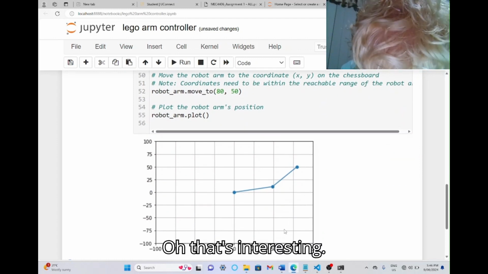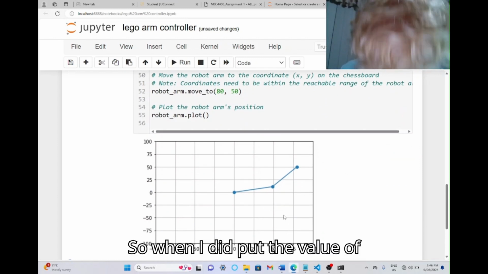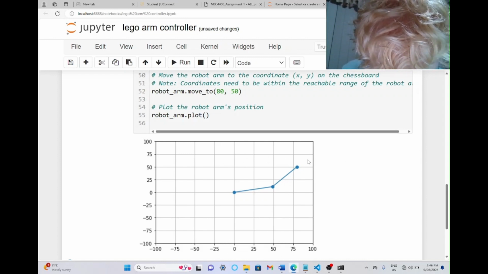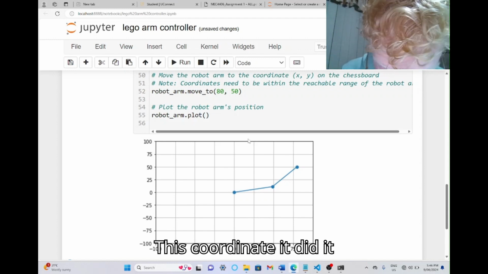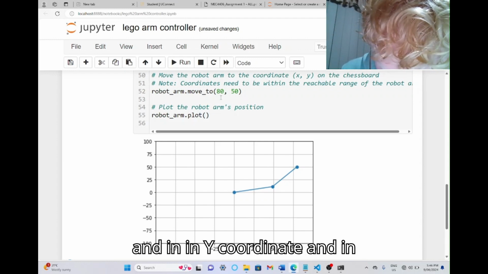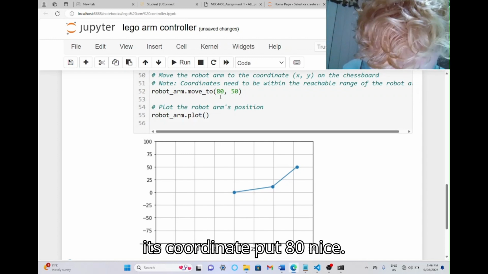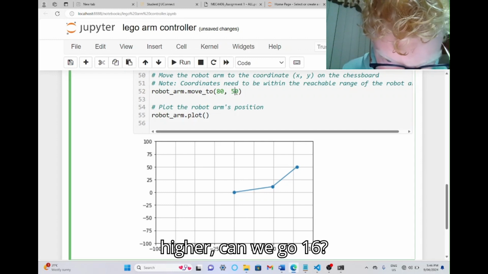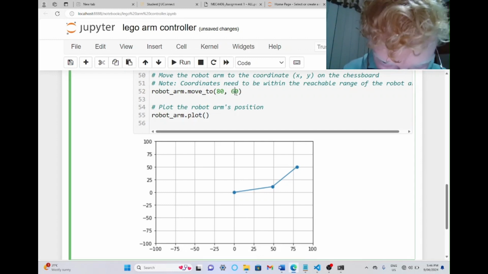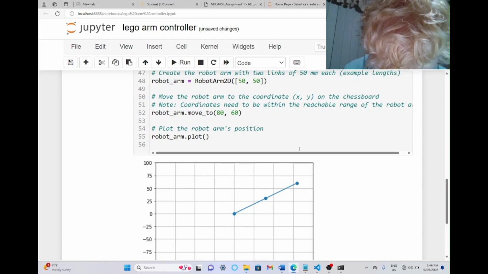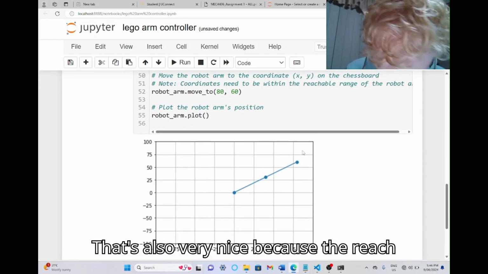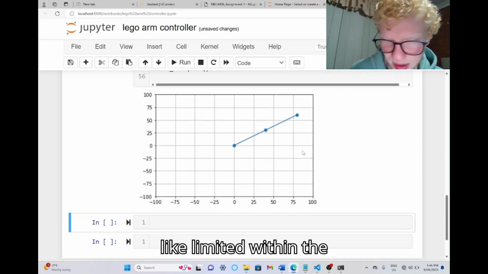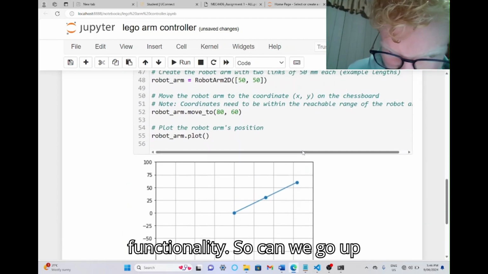I put a value of 50 and I run? Oh, that's interesting. So when I put the value of 50 in the y coordinate, and in the x coordinate put 80, it did it. Nice. Alright then, how about if we want to go higher, can we go 60? That's also very nice, because the reach of the arm is considerably limited within the functionality.